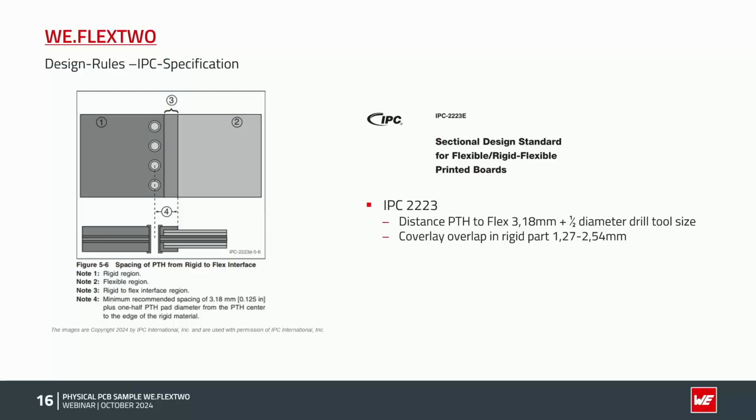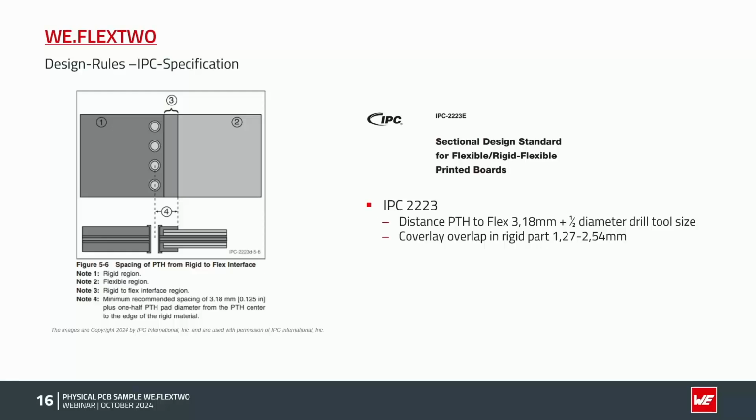If you look at the design rules for rigid-flex boards, which are described in the IPC 2223, this design rule explicitly refers to the rigid-flex transition area. So there's a definition of a distance between the plated through holes next to the transition area and the transition area itself.